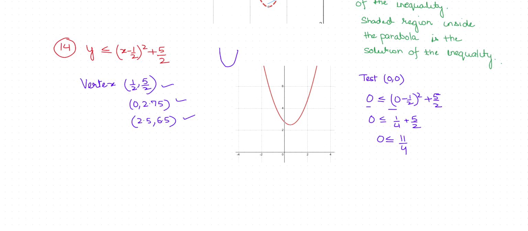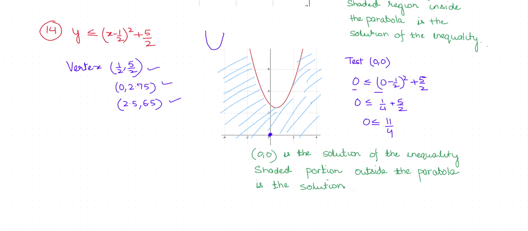So this point 0, 0 is the solution of the inequality. So the region outside the parabola is the solution of the inequality. Here we have shaded the portion outside the parabola, and that is the solution of the inequality.